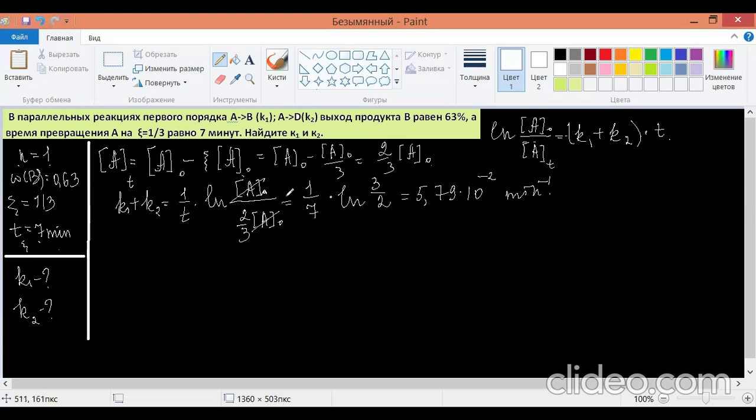Okay, but we've got just the sum of the constants, but we haven't got the magnitudes of each of them yet. And now this is what we're gonna do. So K1 divided by K2 is equal to the concentration of B divided by the concentration of D, right? We've just got a similar problem where we substituted C to the concentration of omega.